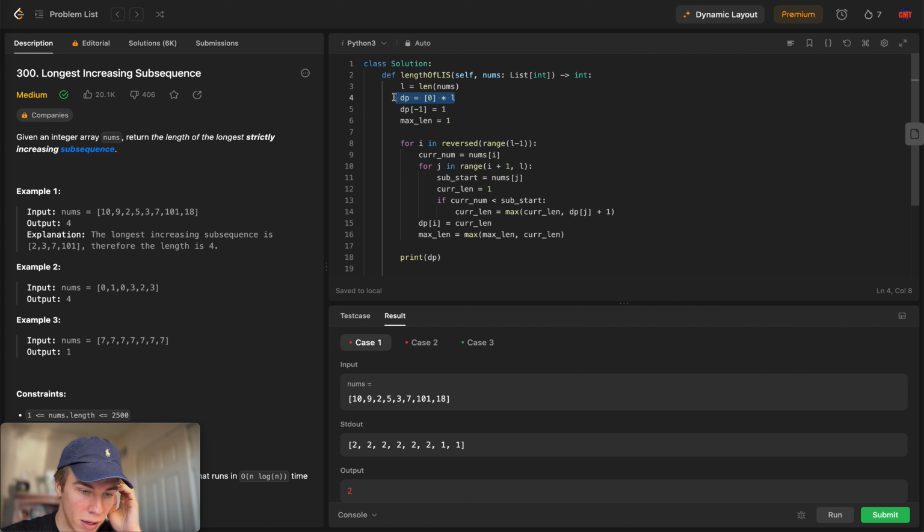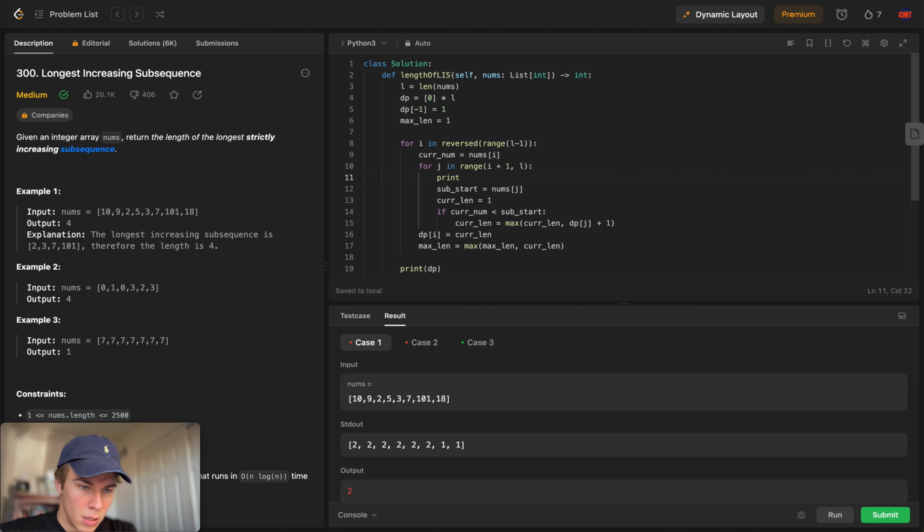I have the length of 0. I have my initial current length start on. Current num is going to be the sub num. I plus 1 to L. So let me do this.